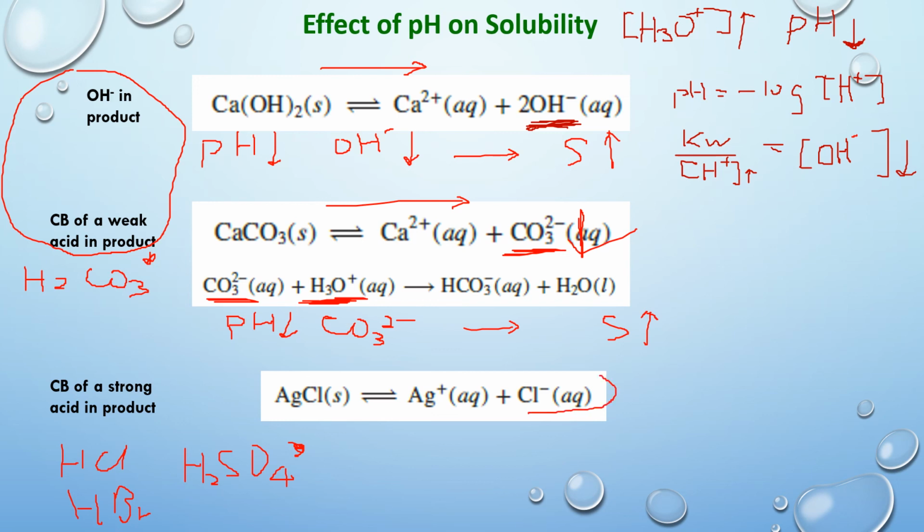These anions do not interact with a proton, so no matter how you increase or decrease the pH, it won't affect the solubility of this type of ionic compound.